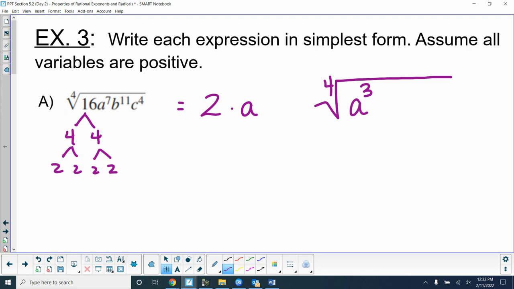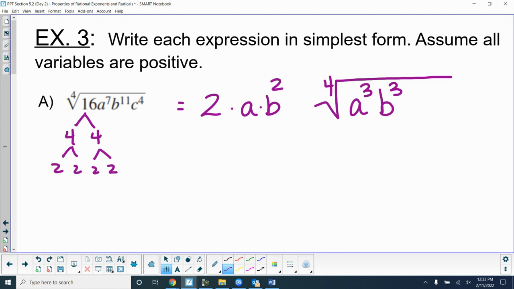What's 11 divided by 4? How many times? Which is how many B's? 8 B's, right? So how many are left? 3. You understand why A to the 3rd and B to the 3rd are left?